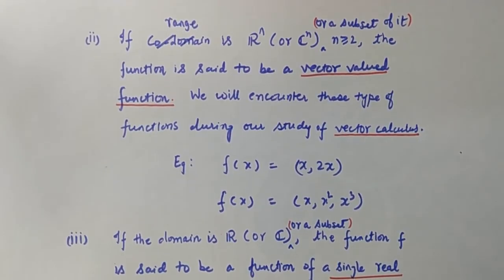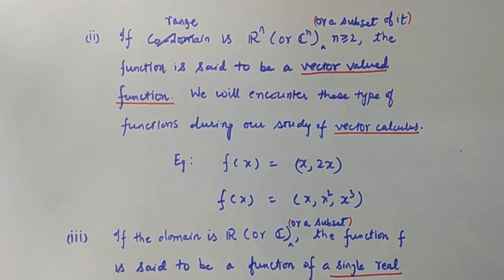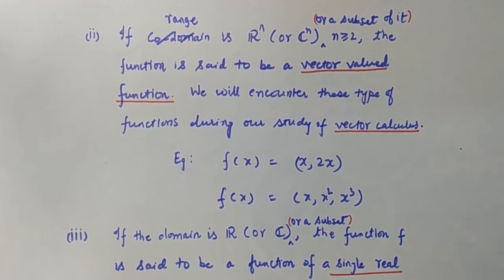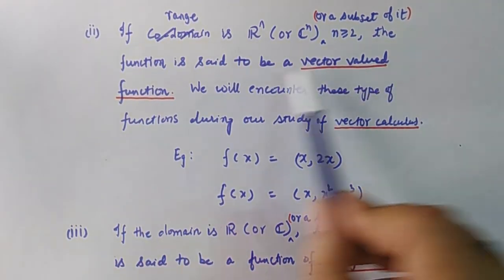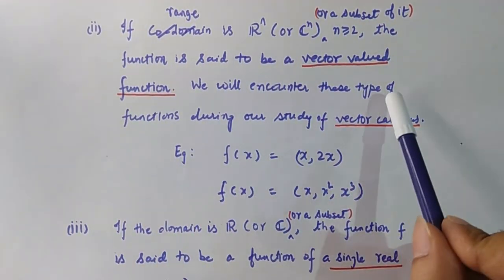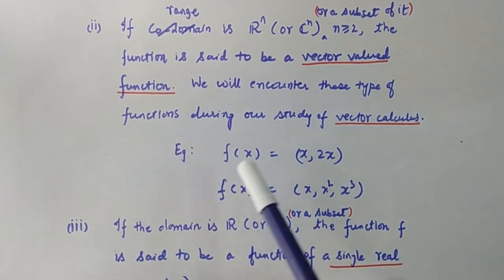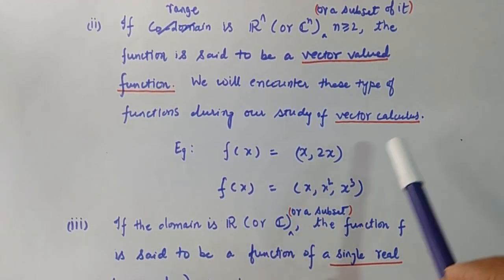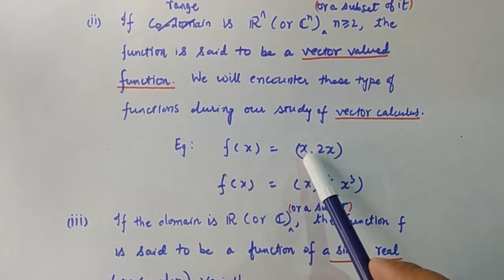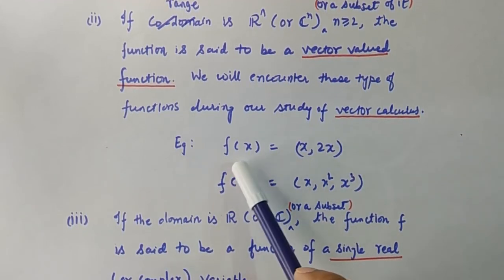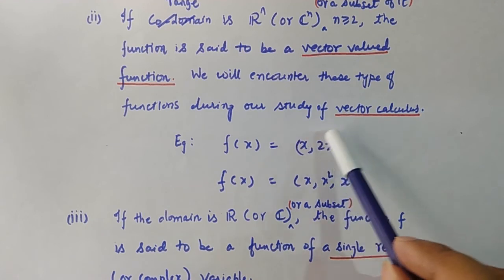If the range of the function is a subset of Rn or Cn, the function is said to be a vector valued function. We will encounter these types of functions during our study of vector calculus in greater detail. As an example, consider f(x) equal to (x, 2x). Here, the function takes values in R2.